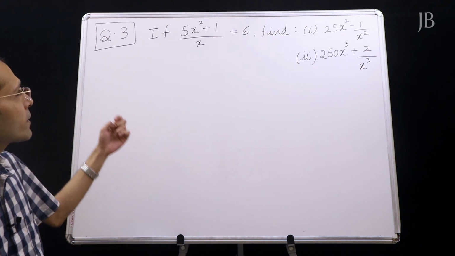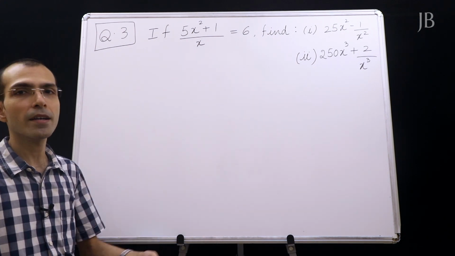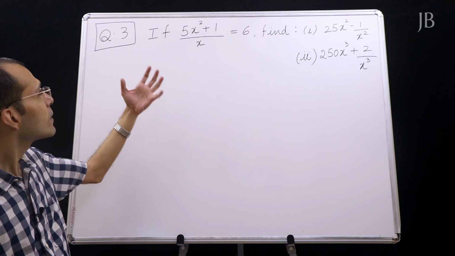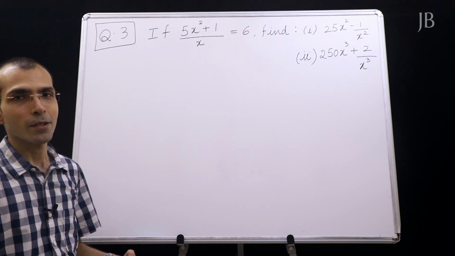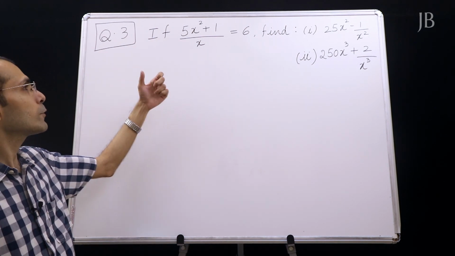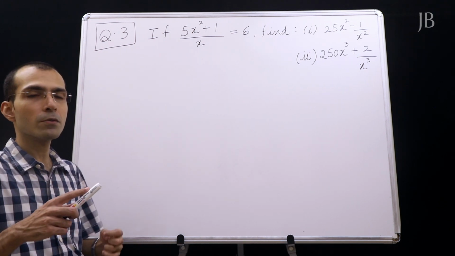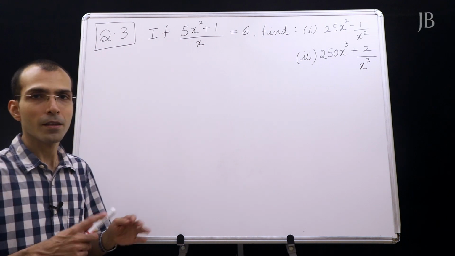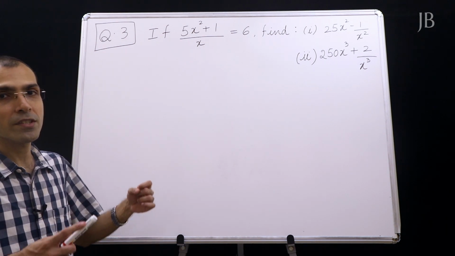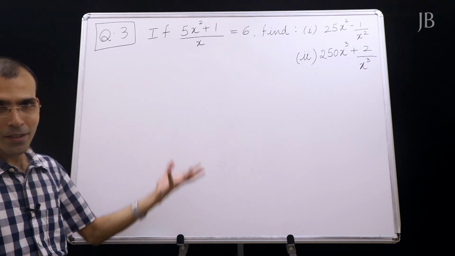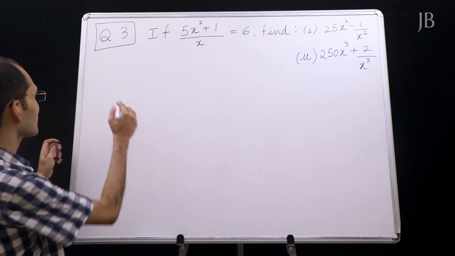So either you can get this in the exam with just one subpart, or you will get diluted versions of this. But if you can understand these sums and if you practice these properly with the reasoning, you will be able to solve practically all the sums which are there in the regular textbooks, which are diluted versions of these.